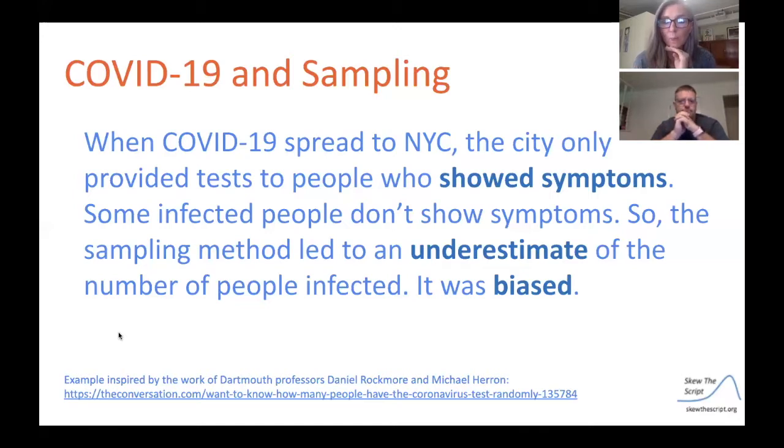And so what's the problem with only testing people who are showing symptoms? Well, you've lost all the carriers who aren't showing symptoms. So what that led to was an underestimate of the number of people that ended up being infected, and a false sense of security when you go out into the world, because you think, oh, there's not that many people who are carrying and could get me sick.